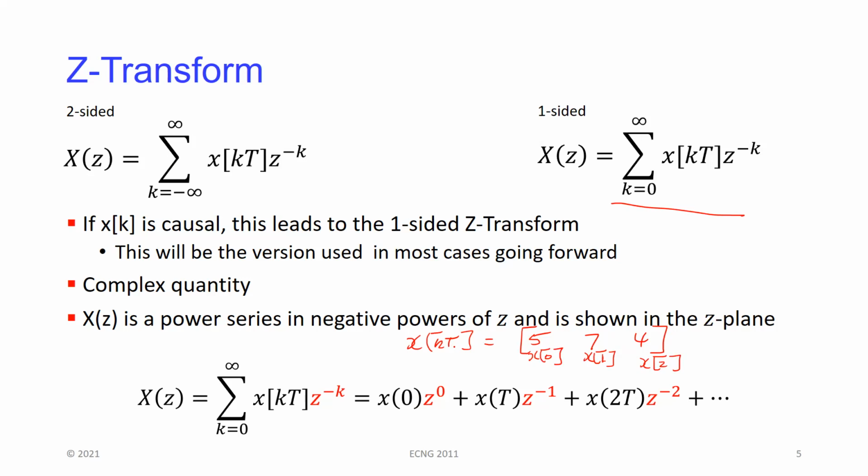The Z transform of this would have been 5z to the power 0 plus 7z^-1 plus 4z^-2. And of course, z to the 0 is 1. So the answer for this would have been 5 plus 7z^-1 plus 4z^-2. As easy as that. Right? As easy as that.